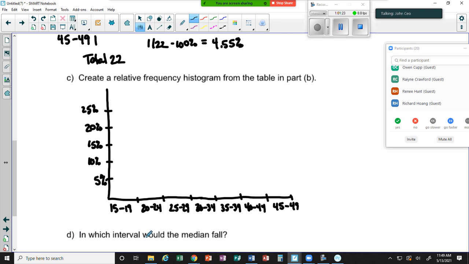All right, so now we got to label our axes. What is this down here? Boxes of cookies sold, right?